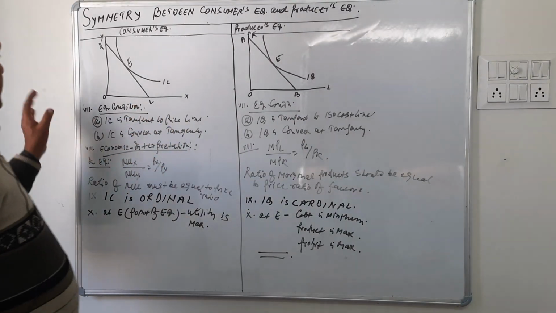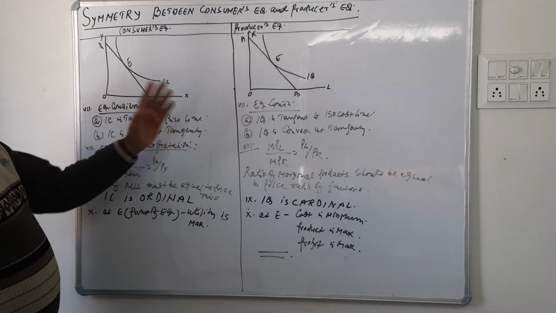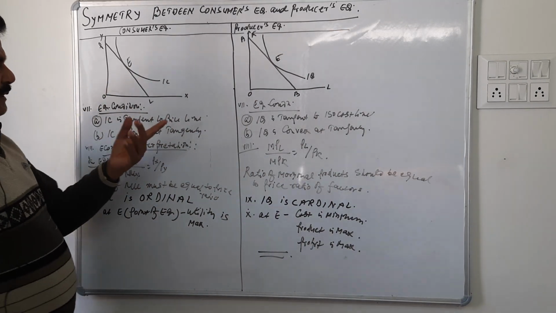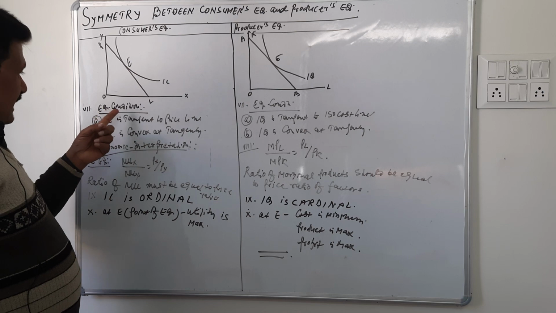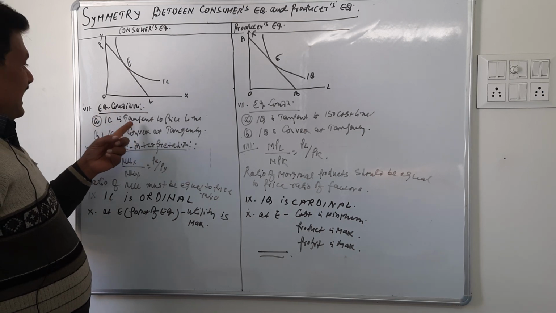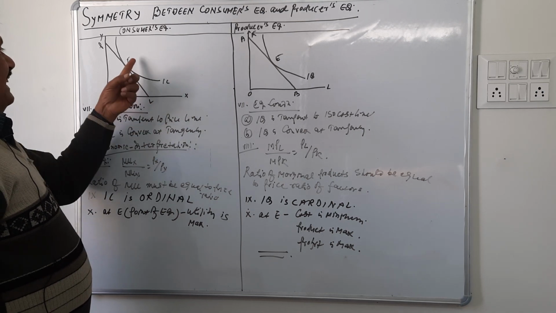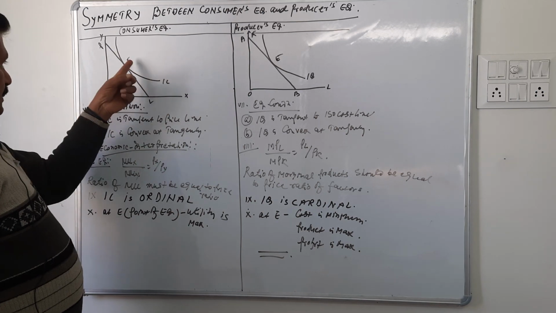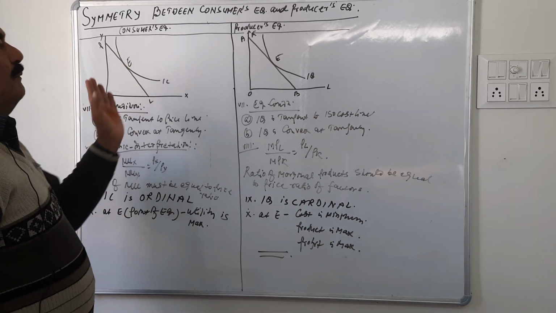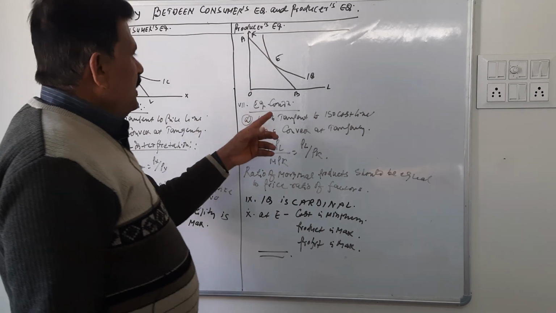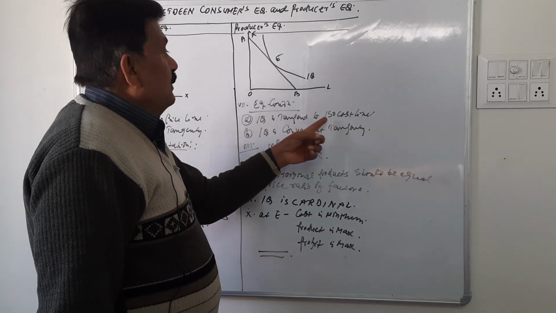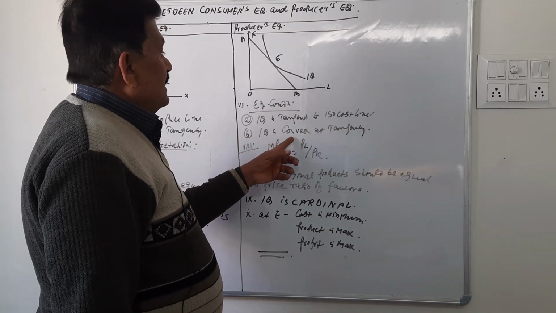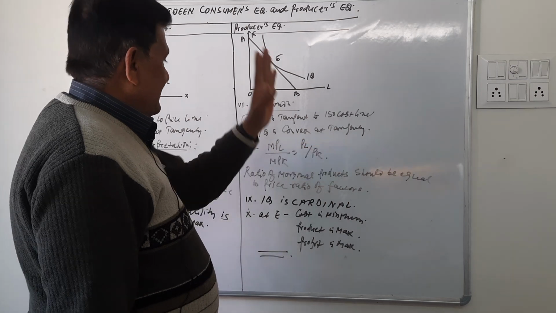Now come to the 7th point, we must see the equilibrium condition. Both are similar. Here the condition says that IC is tangent to the price line, that is at E, and secondly, at the point of tangency, IC is convex. Similarly, in producer's equilibrium, IQ is tangent to the iso-cost line and IQ is convex at tangency.